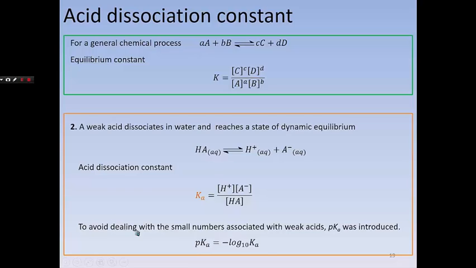So rather than saying, for example, the acid dissociation constant of a weak acid is 7.2 times 10 to the minus 5, we can simply say the pKa of this acid is 4.14. Remember, the little p means negative log. Please read the lecture notes for more explanation on pKa value.